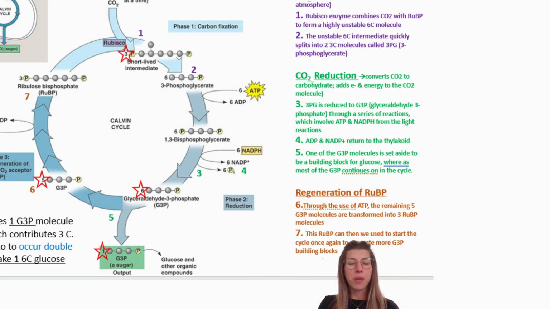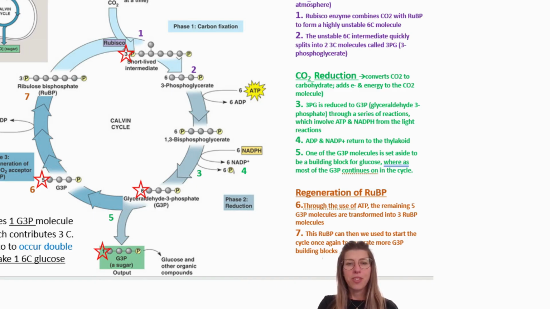There's 3 carbon dioxide that is required to produce one G3P molecule. So it takes 3 turns, each turn taking in a carbon from that carbon dioxide through the fixation. That's why it takes 3 turns to make that one G3P molecule. If you see the G3P molecule, it has 3 carbons, right? So it needs 3 carbon dioxides, 3 turns to finally make that one G3P molecule.